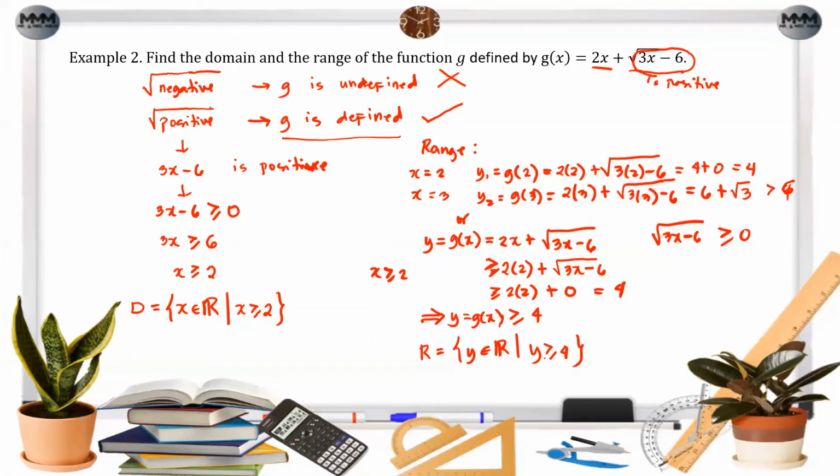That's why we have y greater than or equal to 4. So it's up to you which method you want to use: substituting the values of x, finding the values of y and observing some patterns, or this other one.